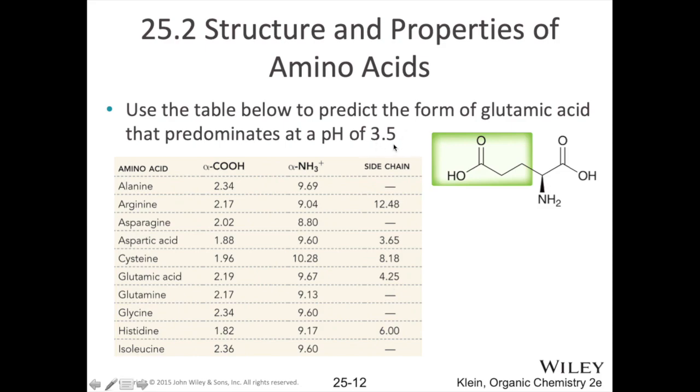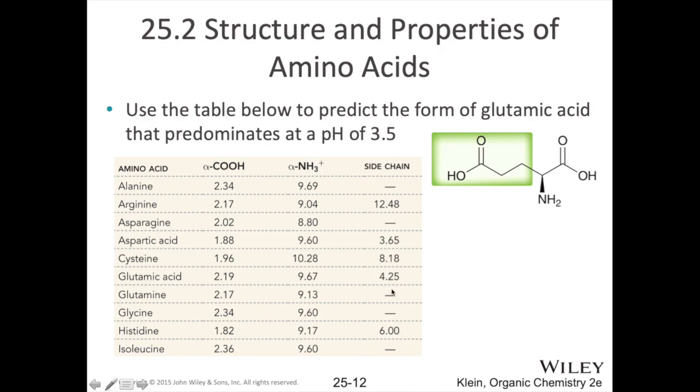So 3.5 is a pH that's lower than the pKa of your ammonium ion, so it stays protonated, which makes sense, and it's above the pKa of your carboxylic acid group. Again, that makes sense. So that tells you that basically this group is going to be deprotonated and this group is going to be protonated, right?